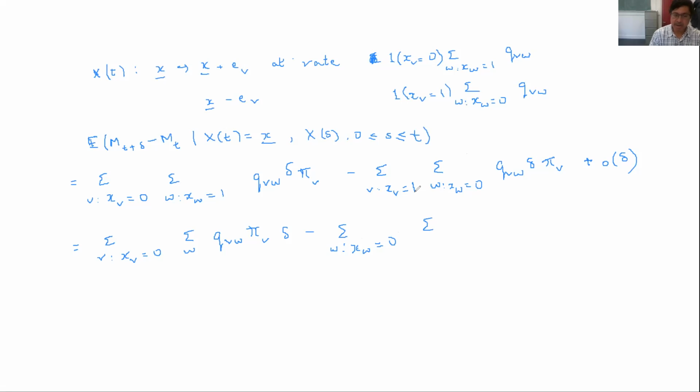And that means I'm adding over all possible v, whether xv was 0 or 1. And so I end up now with the sum over v, the same thing, pi v q v w delta, plus the little o of delta.